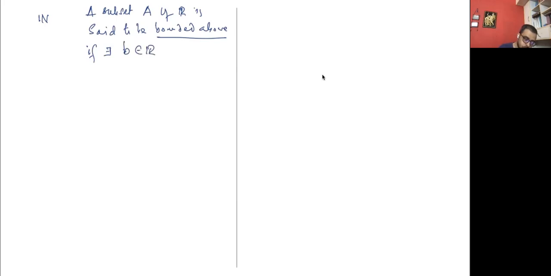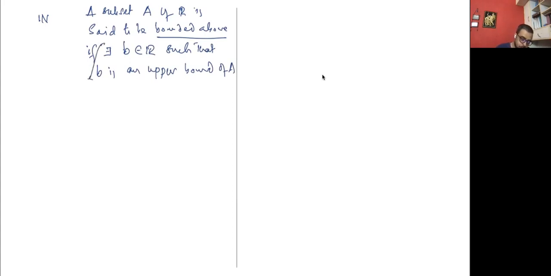So a subset A is bounded above if there exists B which is an upper bound of A. And what is an upper bound?